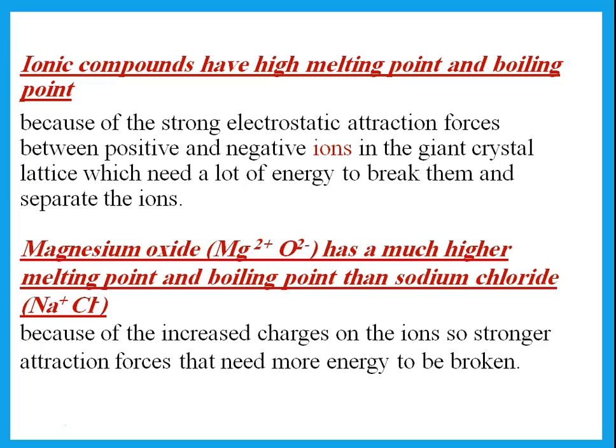So magnesium oxide, for example, is actually magnesium 2 plus and oxygen 2 minus, while sodium chloride is Na plus Cl minus. So the magnesium oxide will have a higher melting point because of the increased charges on the ions, so stronger attraction forces, and that needs more energy to be broken.